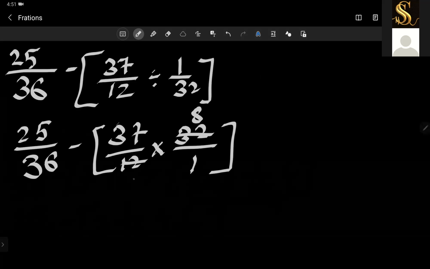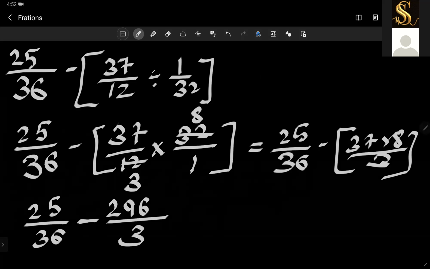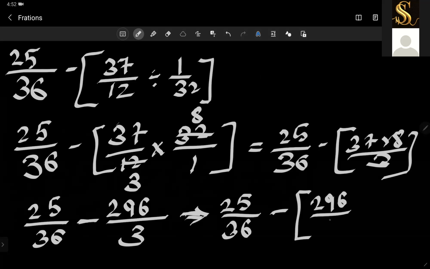So it's a minus. The denominator should be the same, so take the LCM here, which will be 36. So to bring the denominator same, I will keep this as 25 upon 36 minus, in the bracket again, 296 upon 3 into 12 upon 12.